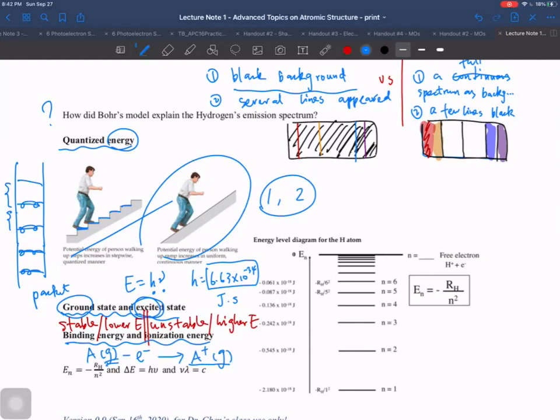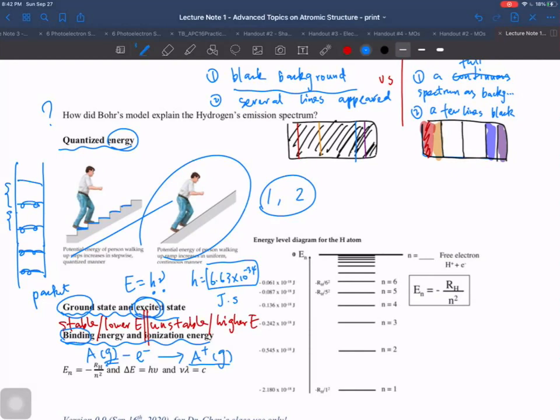This process definitely is endothermic because the electron lost was previously attracted by the nucleus, right? This is called ionization energy. So what is binding energy? Basically, it is the same idea. It means how strongly this electron is attracted by the nucleus.